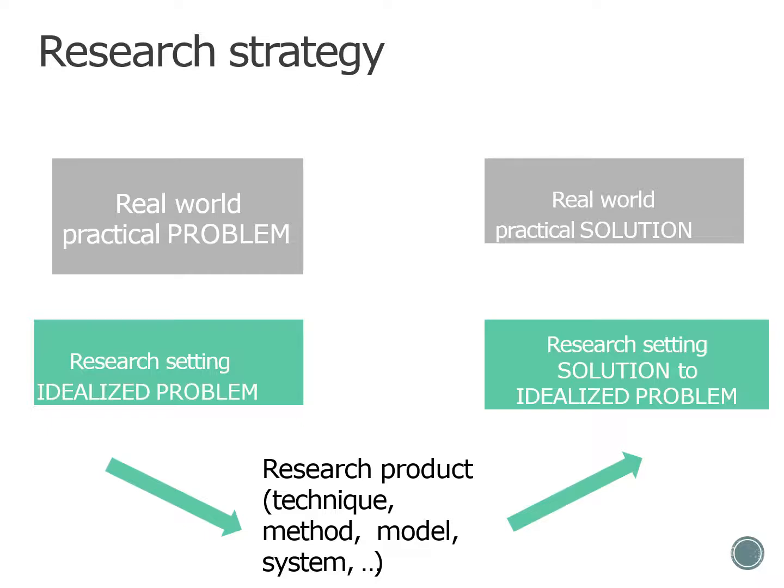But of course, this stems from the way researchers approach most problems. We make an idealized, simplified problem so that we can create an answer, and then we try to see if that answer actually works in the real world as a practical solution.